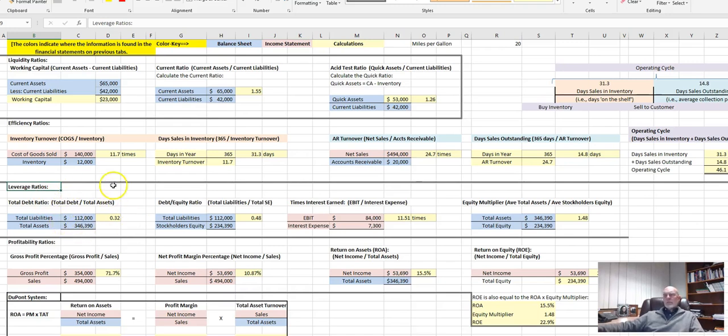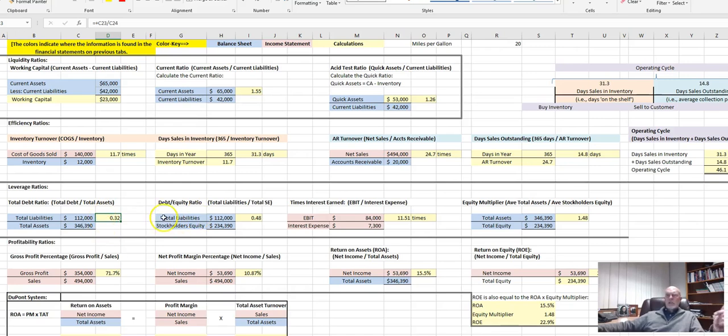These measures in this row are various ways of getting a sense of how much debt we have in our financial structure. If we look at the total debt ratio, sometimes called the debt to asset ratio, divide your total liabilities on the balance sheet by your total assets on the balance sheet, and we can see here that in the most recent year that comes out to be 0.32 or 32%. So 32% of our assets are financed with debt.